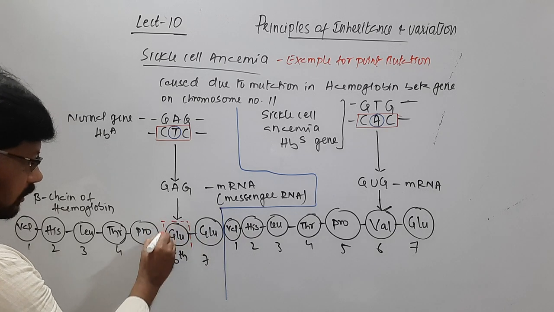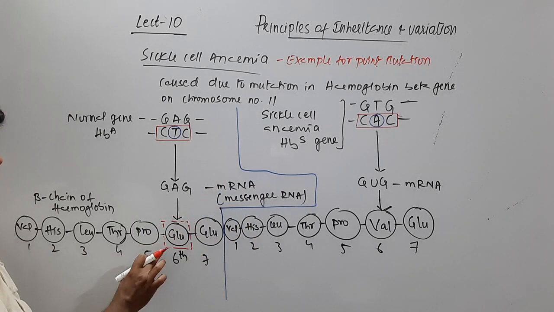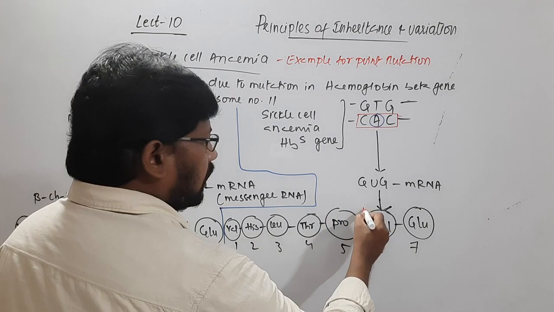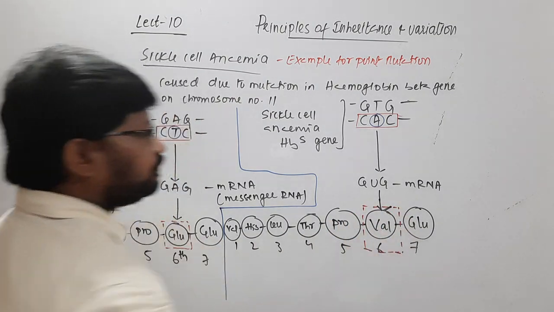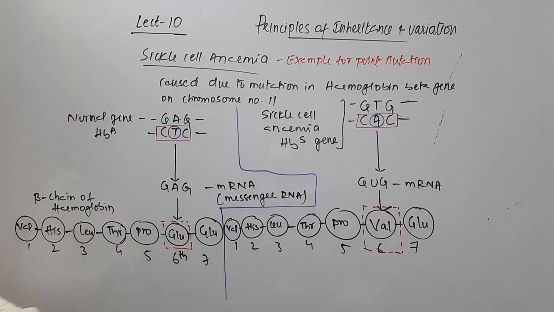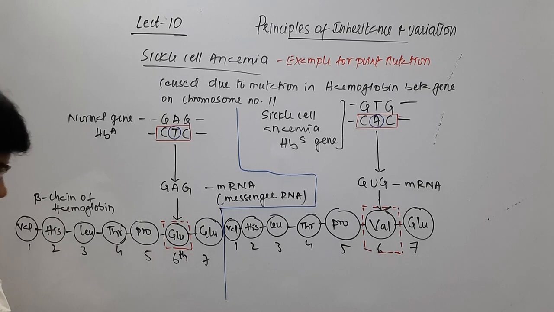So this is the normal condition, and this is the mutated condition. You can see the change in the amino acid. So this results in a change in the whole polypeptide chain, right?